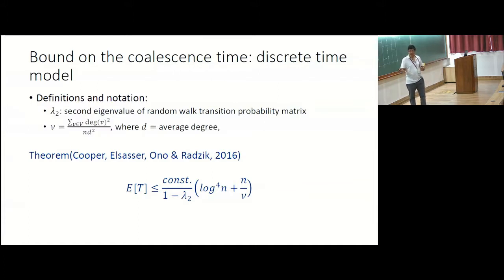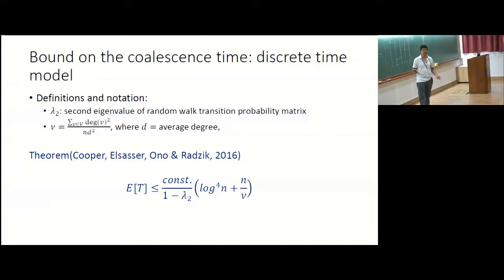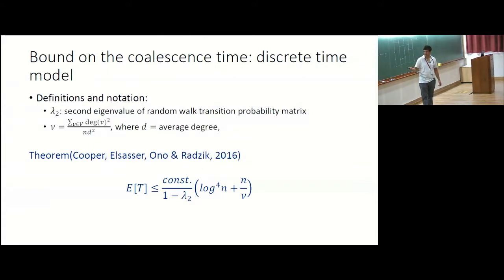But the complete graph is not the best case. The star is the best case. On a star, you reach consensus very quickly. Nu is close to n. It takes constant time to reach consensus on the star. Your eigenvalue gap is also big, so you reach consensus fast.